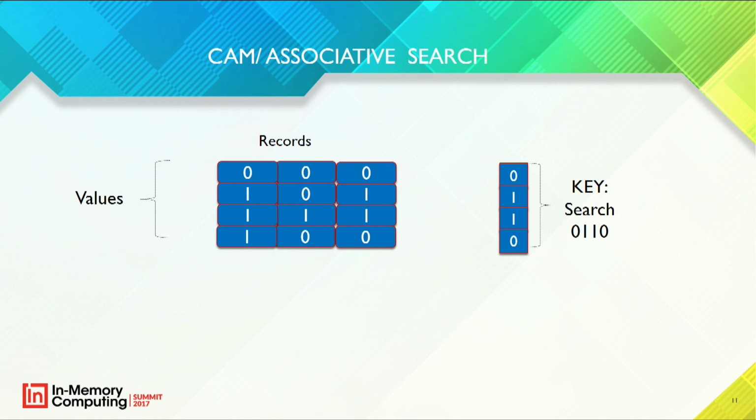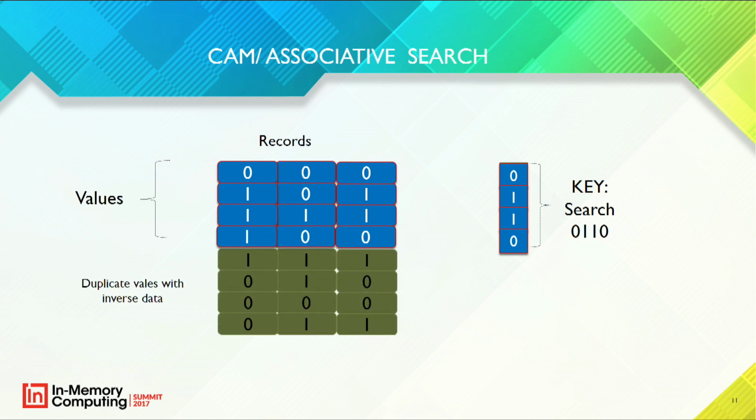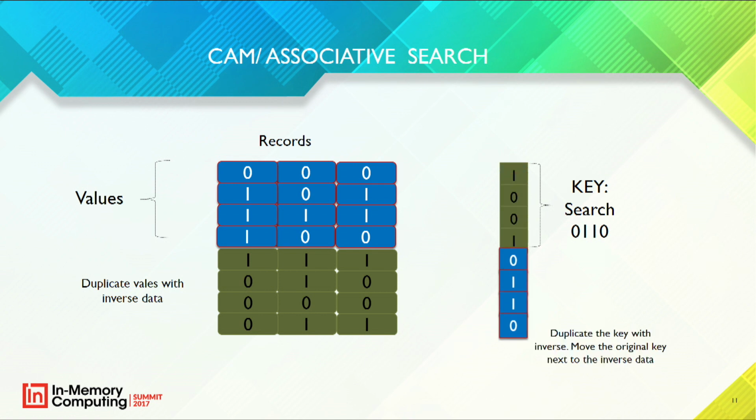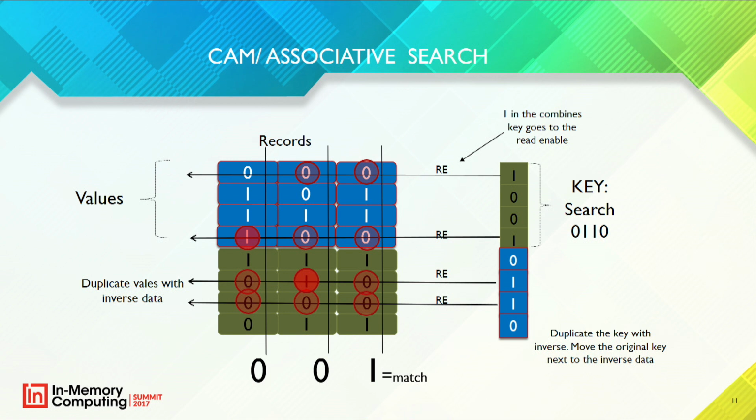Instead of searching one address at a time, or instead of building or adding a new CAM to the system, which is very, very expensive, we just duplicate the data with its one's complement. We duplicate the key also with its one's complement, and everywhere there is a 1 in the key, we open the read enable in the memory.